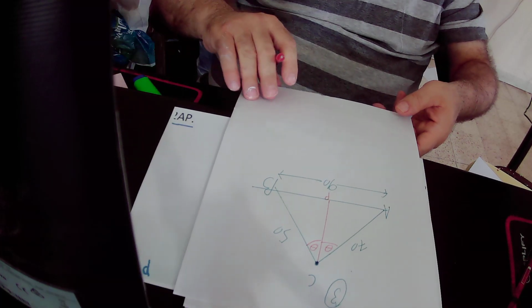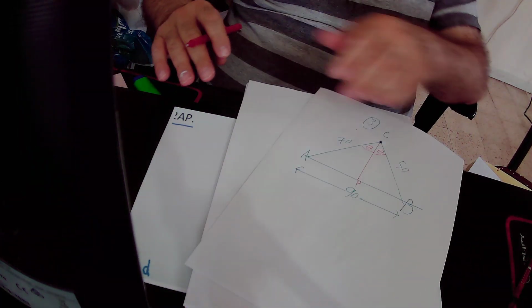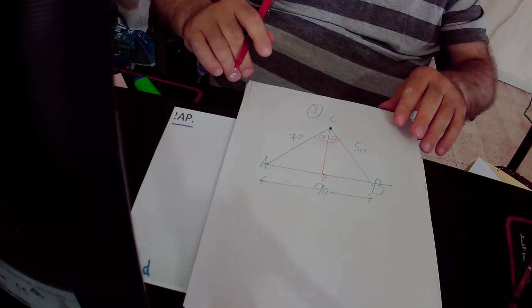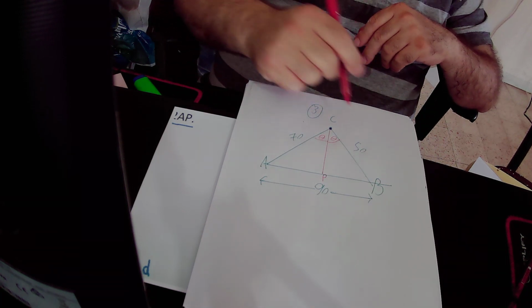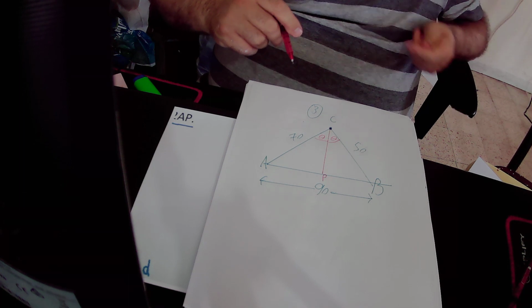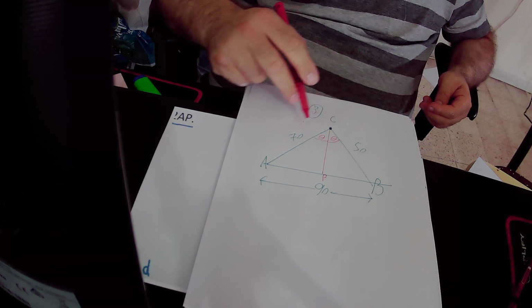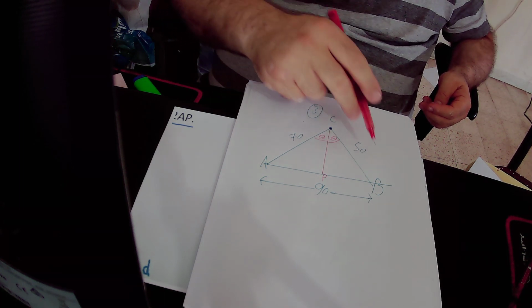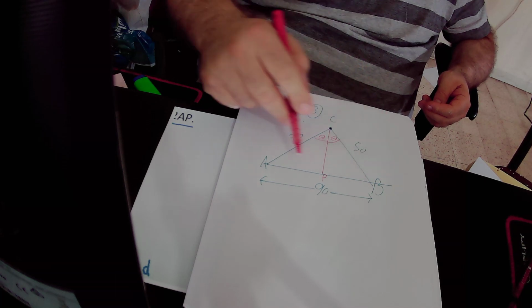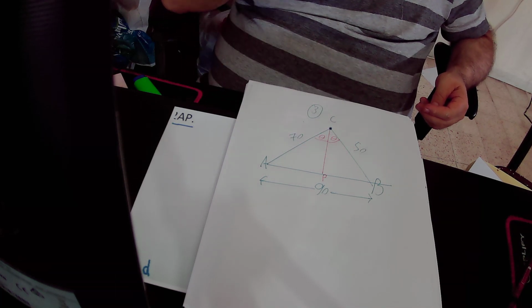So I draw again the triangle ABC. This side equals 70 units, this side equals 50 units, and this side equals 90 units.